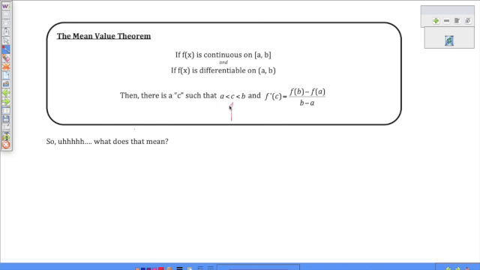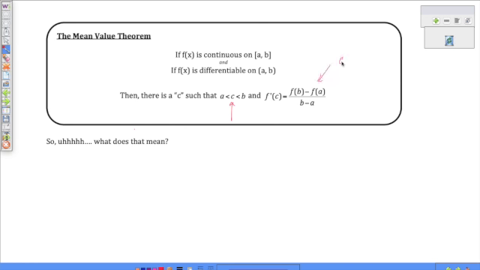So there's a number in between a and b, where the derivative at that point, the instantaneous rate of change, is equal to the slope between these two points, or the slope of the secant line. So what this is saying is there is some value on this continuous and differentiable function where the instantaneous rate of change is equal to the average rate of change.